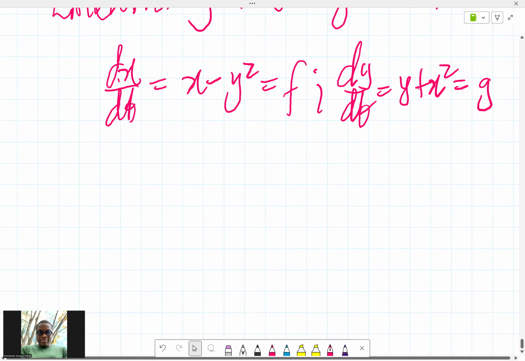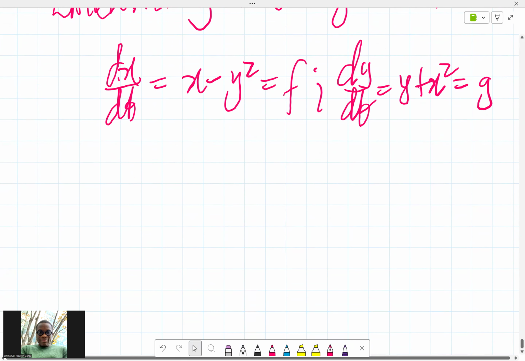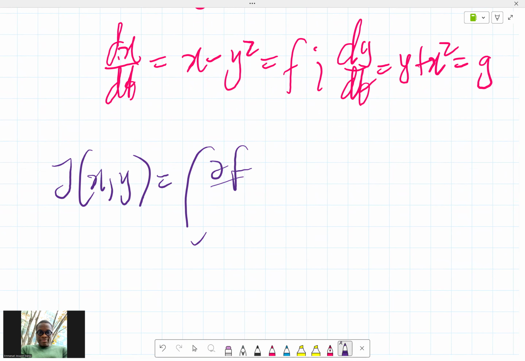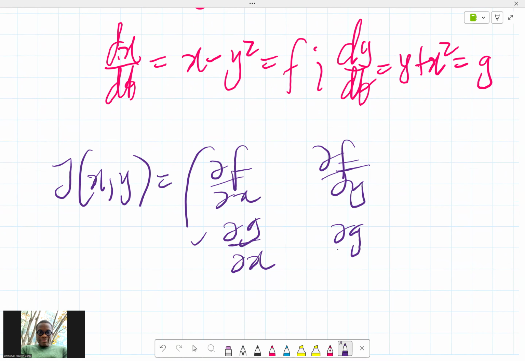In linearizing the system, it is the Jacobian that we need. The Jacobian J of x comma y is equal to the matrix with df/dx, df/dy in the first row, and dg/dx, dg/dy in the second row.